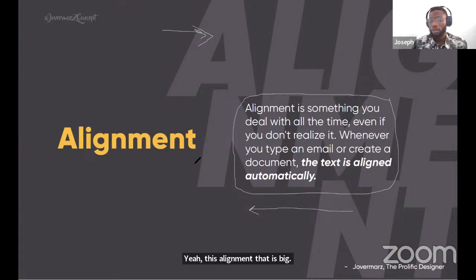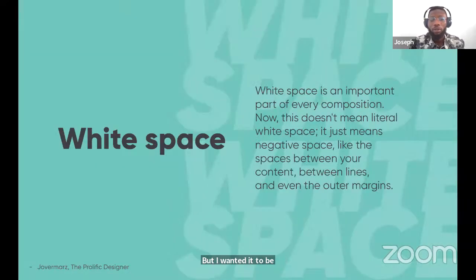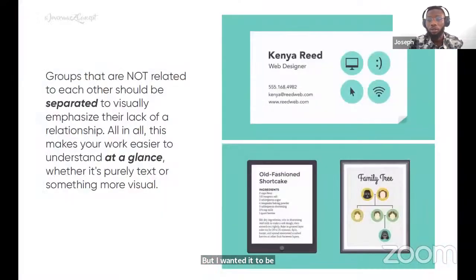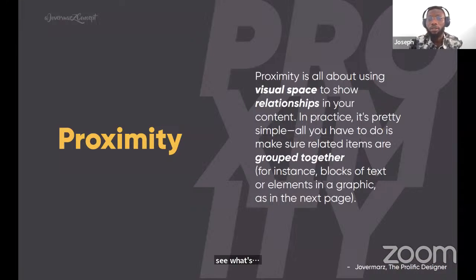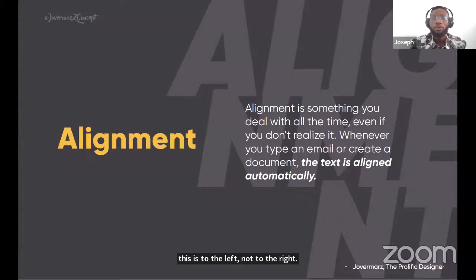You see, can I align it to the left? I could have if I wanted to, but I wanted it to be, see, watch. This is to the left. This is to the left, not to the right, see? So they are always automatically aligned. You just decide where to align it to, right?